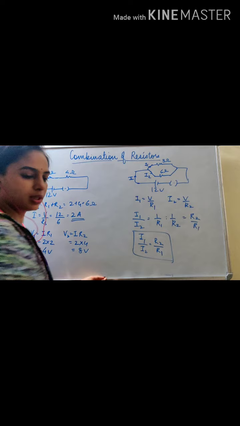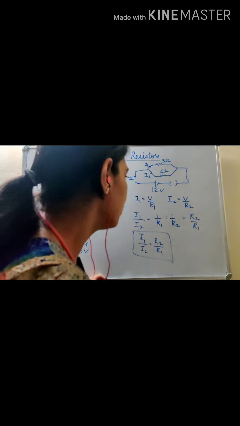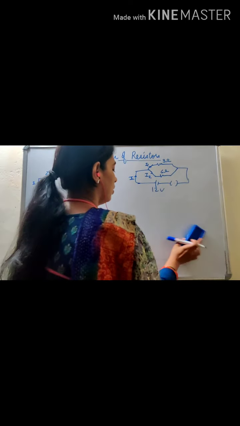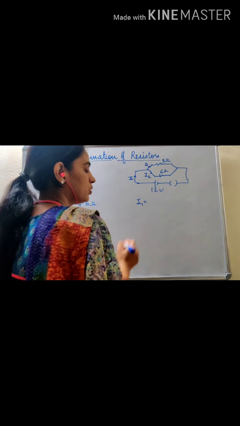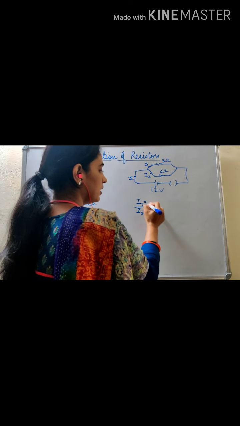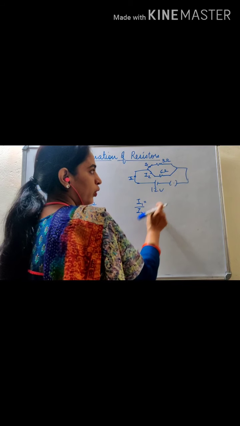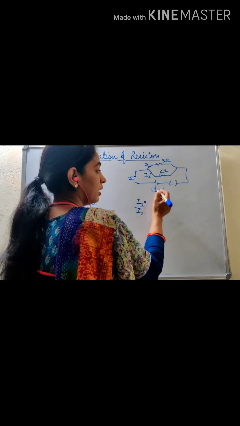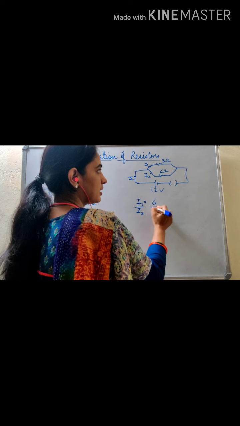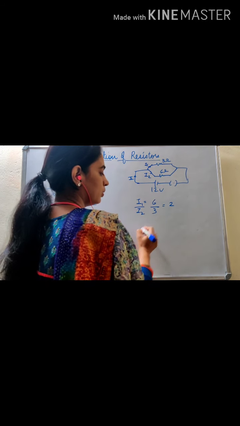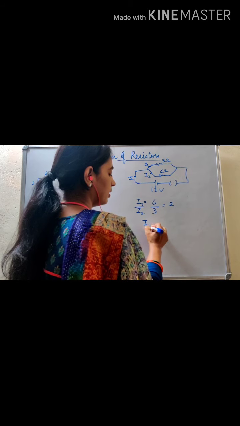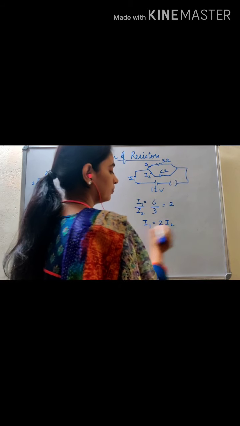Okay, let's check this one since we did the same question right now. So we can write I1 upon I2 is equal to R2 upon R1, that is 6 upon 3. Okay, so that is equal to 2. That means I1 is equal to 2I2.